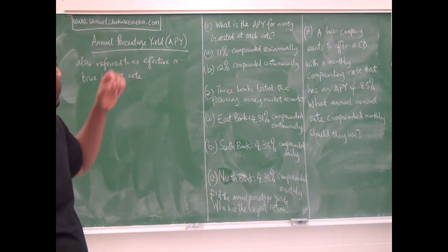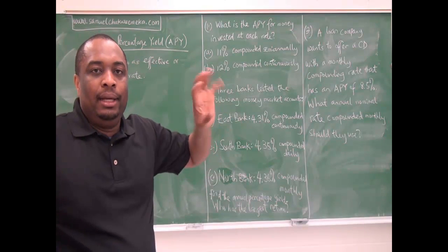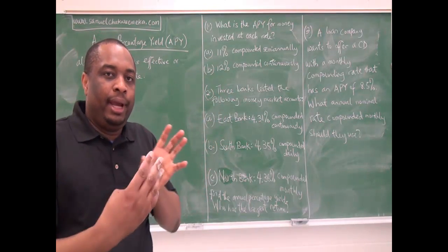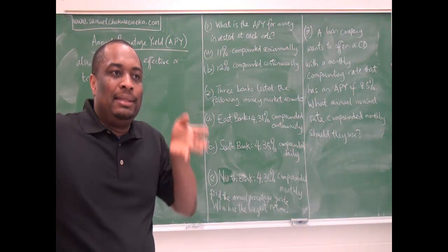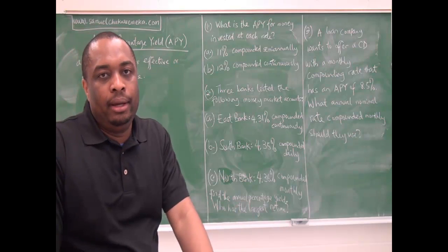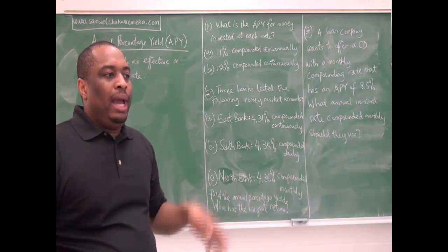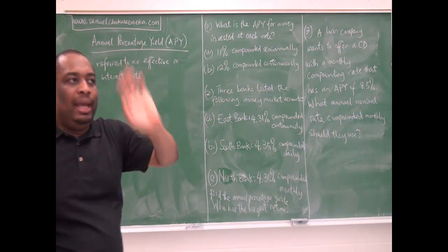Anyway, what is this APY actually? It is that simple interest rate that will yield the same amount as compound interest rate will yield in 1 year. So we are looking at just annual percentage yield, in 1 year.